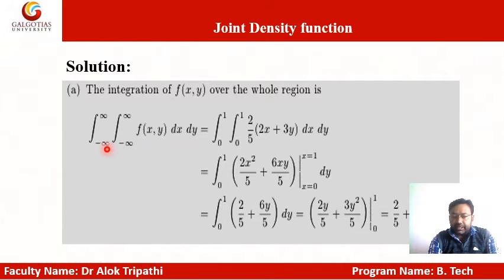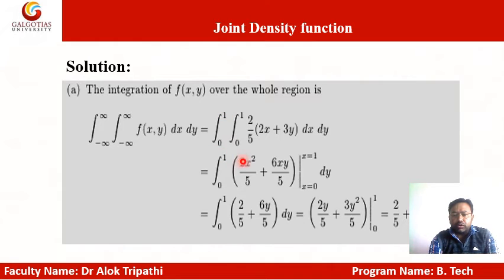From the definition, the function is defined in the range 0 to 1 only. When x lies between 0 to 1 and y also lies between 0 to 1, only then do we have a non-zero value of the function. For all other limits, the value of the function will be 0.